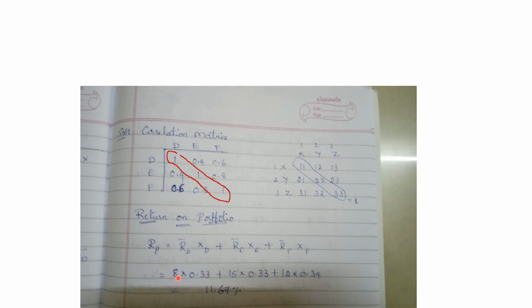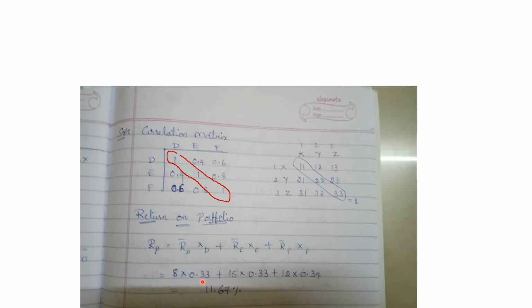So here R bar D. So what is the value of D given, it is 0.08. So 0.08 is nothing but if you take in percentage, I have told you while explaining the question that it is 8%. So 8 into 0.33, that is equal proportion has to be distributed.